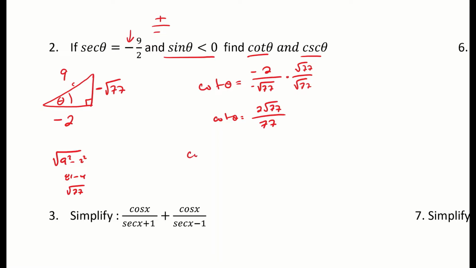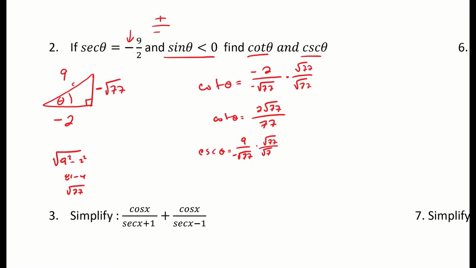And then the second part of the question is asking for us to find cosecant theta. Cosecant theta is equal to the hypotenuse, which is 9, over the opposite side, which is negative root 77. And in similar fashion, we're going to rationalize.